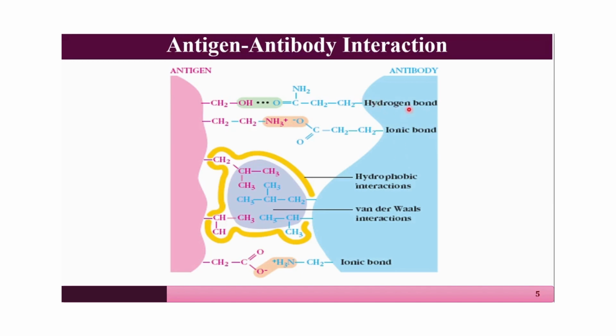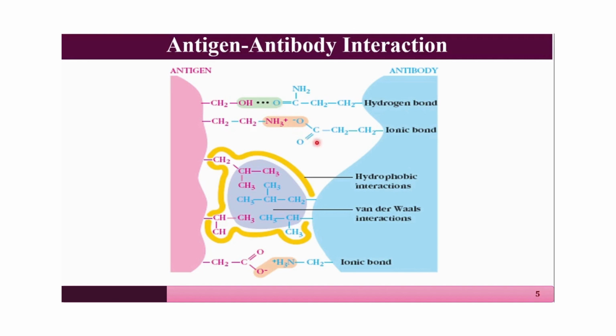The first simplest type is hydrogen bonding, because both these molecules are organic. They would definitely contain OH groups, COH groups, with H as an exposed element. So the OH-H reaction would result in hydrogen bonding.